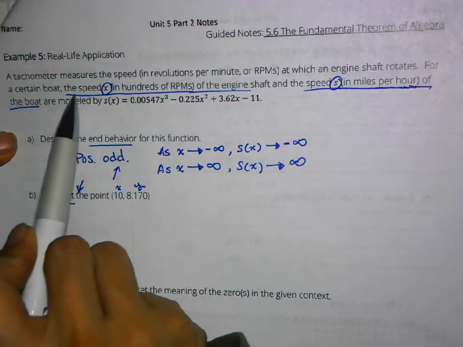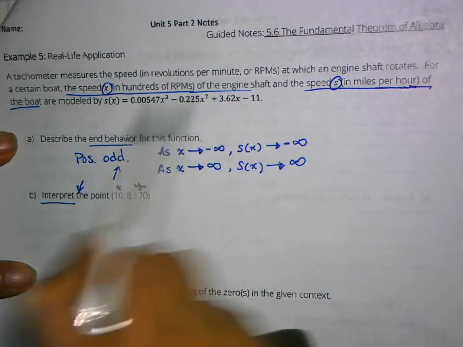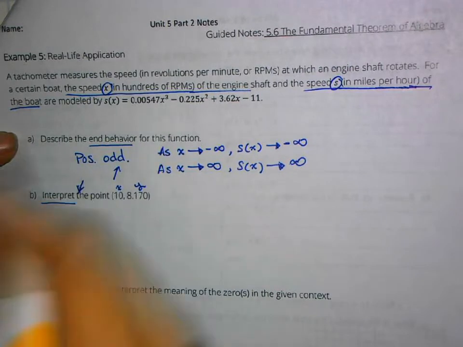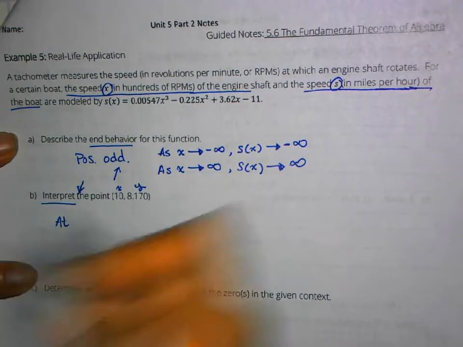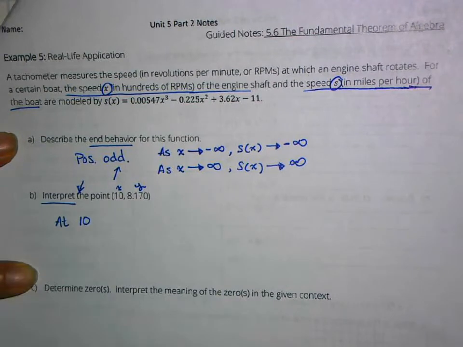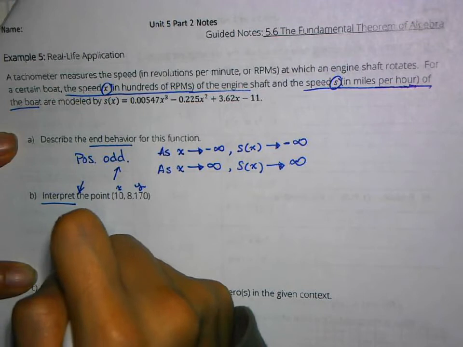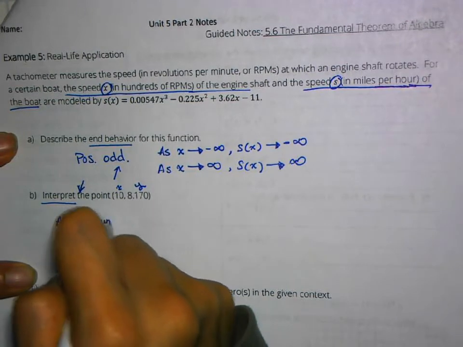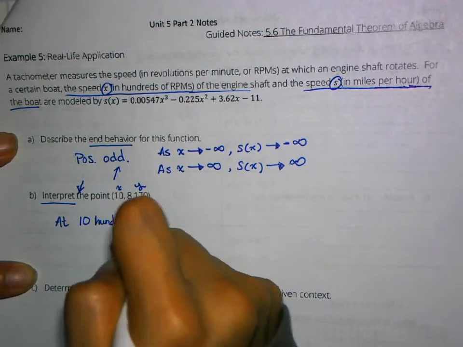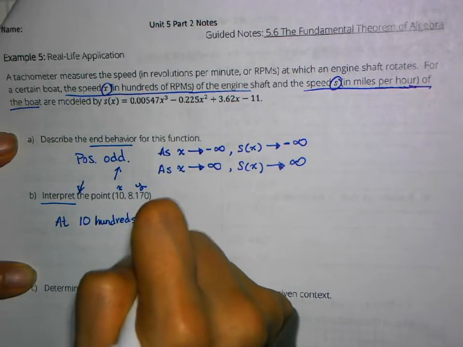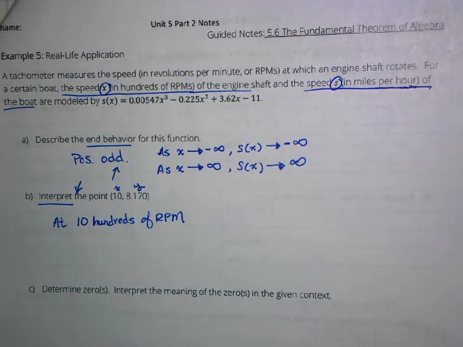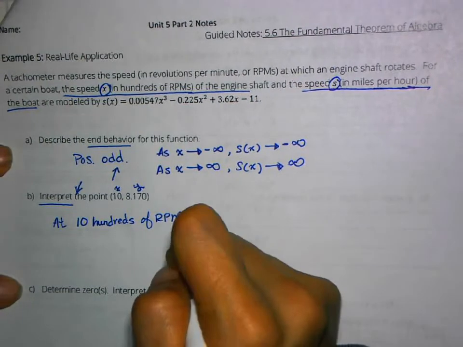X represents the speed of the engine. At 10, what's the unit of the speed of the engine? At 10 hundreds of RPM. 10 hundreds is 1,000 RPM, by the way.